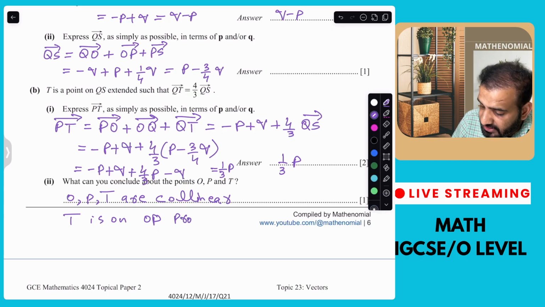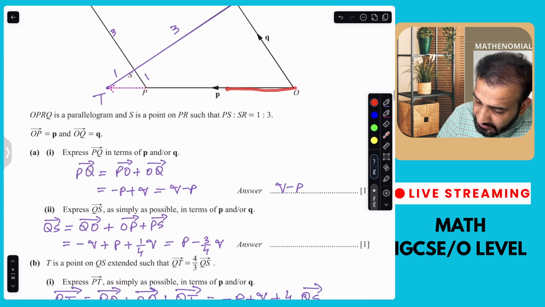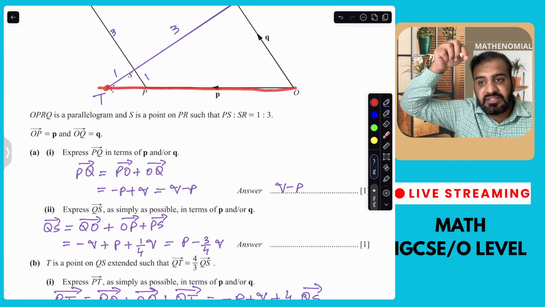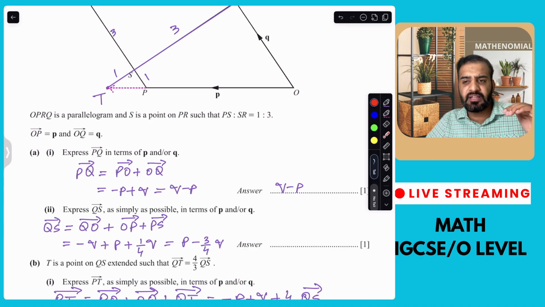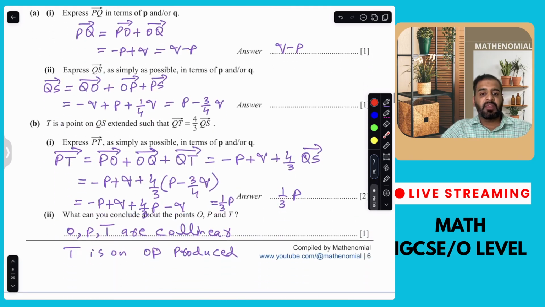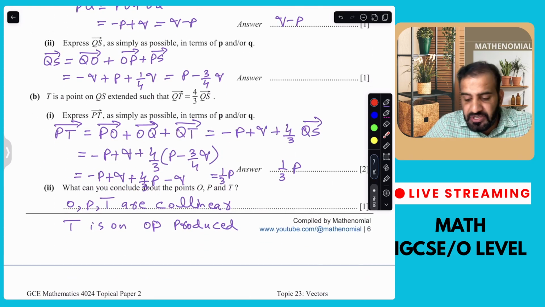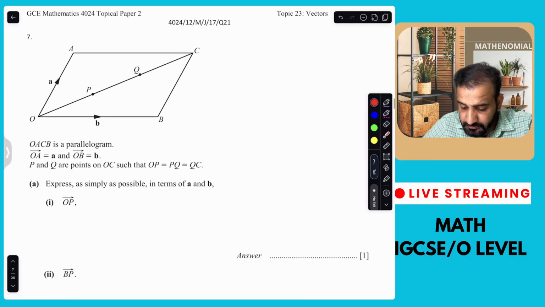If we extend or produce this OP line, T lies on this line. So when all 3 points lie on the same line, those points are known as collinear points. This is what it was asking: what can you conclude about the points O, P, T? So they are collinear. Next.